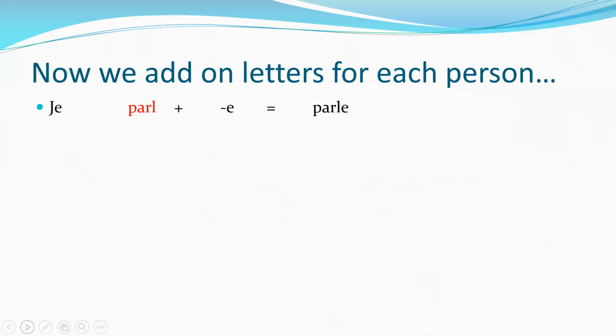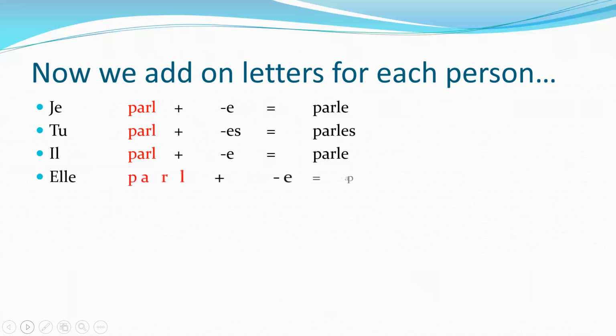Je parle, add an E. Je parle. Tu parles, add an ES. Tu parles. Il parle, adding an E, and the same for elle, and the same for on. Il parle, elle parle, on parle.